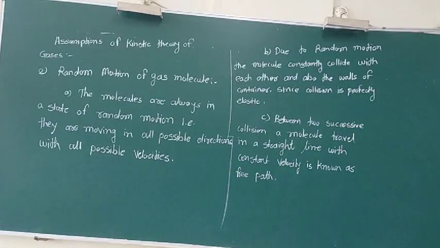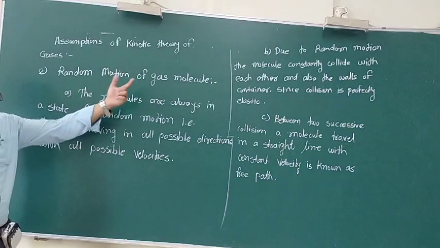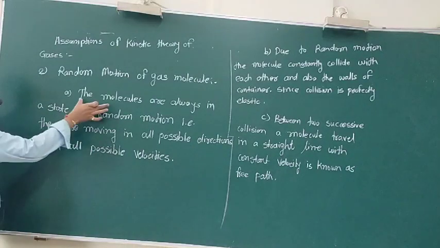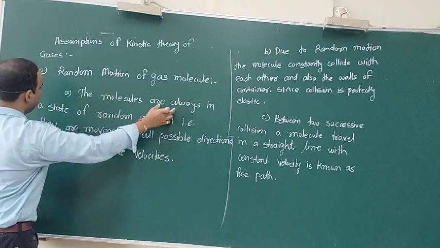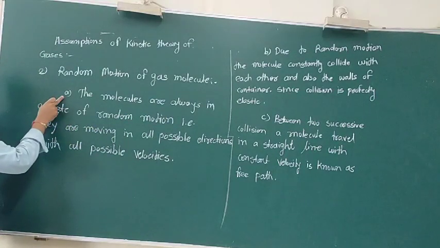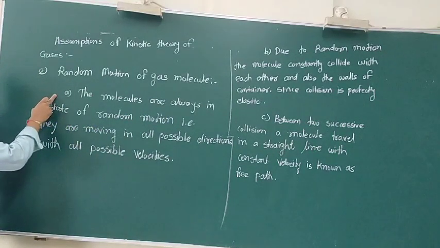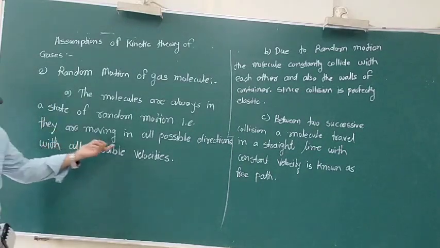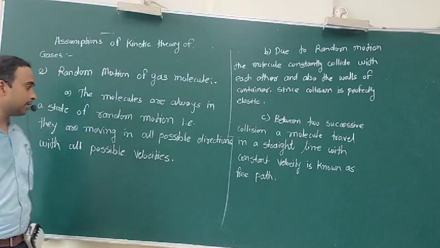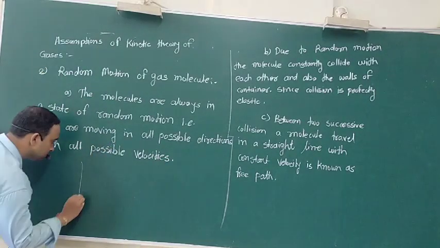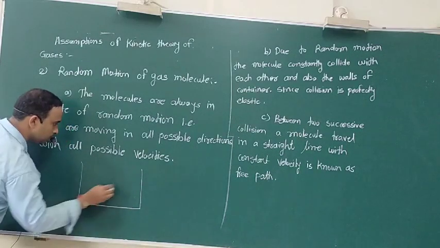Now the next assumptions are related to the random motion of gas molecules. The molecules are always in a state of random motion, that is, they are moving in all possible directions with all possible velocities. Suppose this is the container.